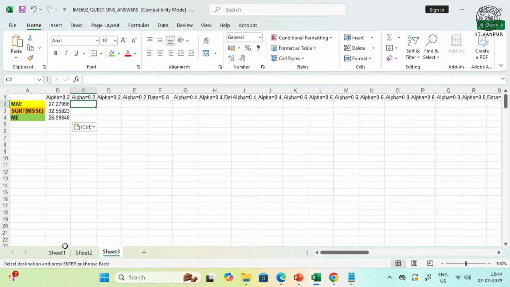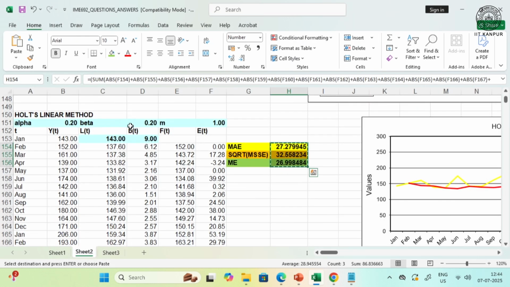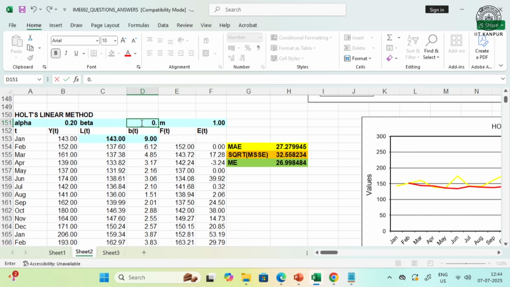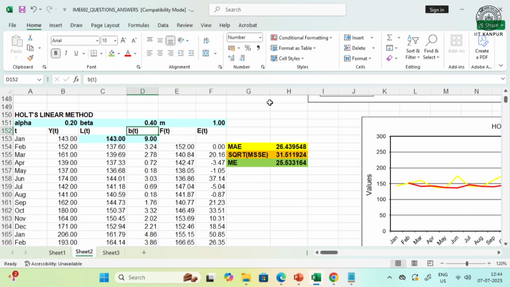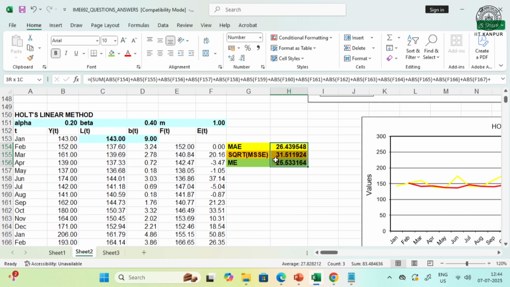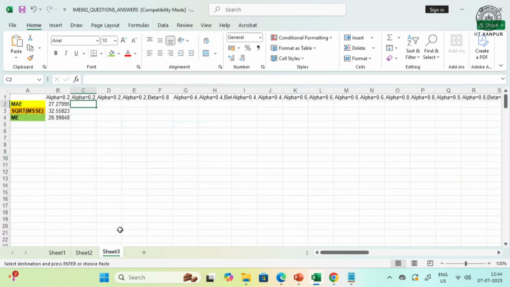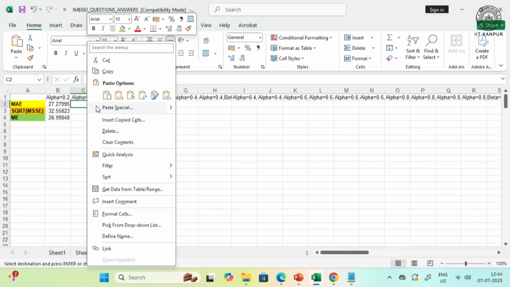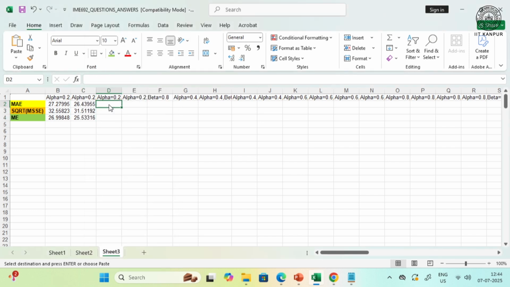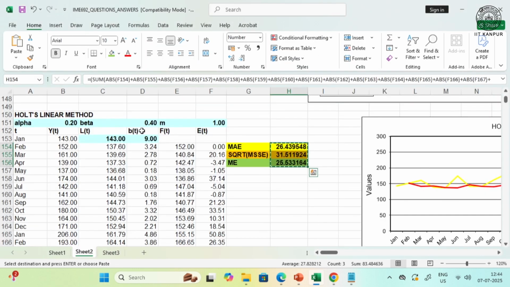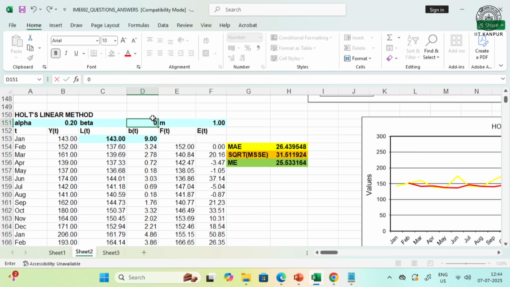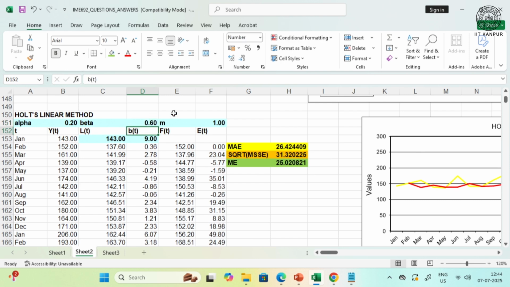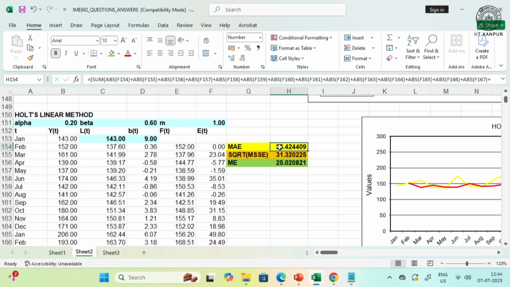So now I come to beta 0.4. These are the values. I copy the values only. Then I have beta 0.6. I copy the values. Copy the values means mean absolute error, square root of the mean squared error, and the mean error.